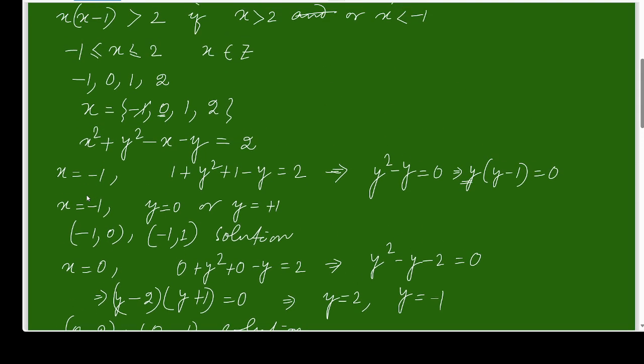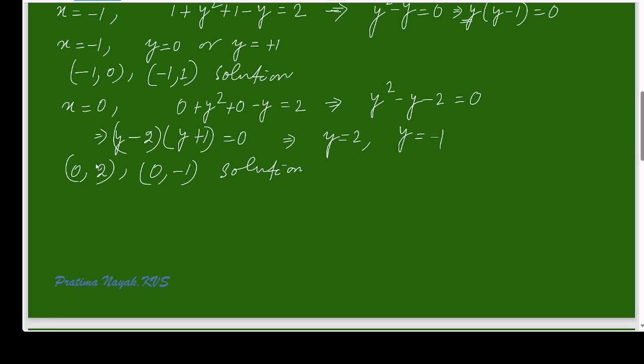If we have finished 0, then I'll go for 1. x is equal to 1, then it will be 1 plus y square minus 1 minus y is equal to 2.